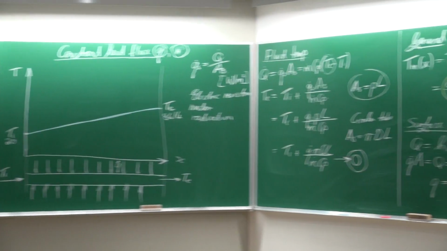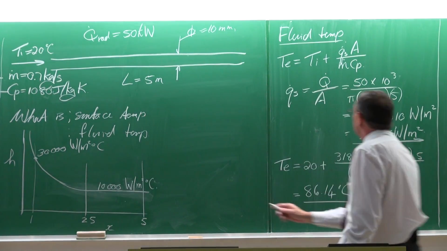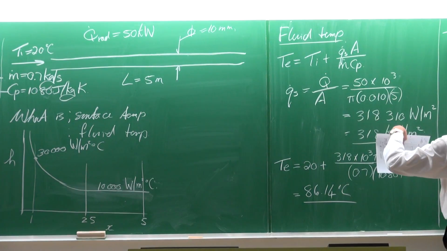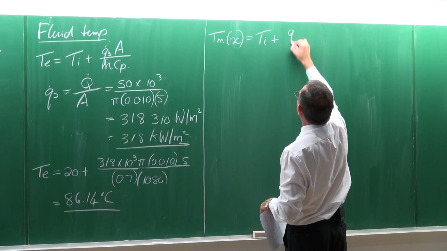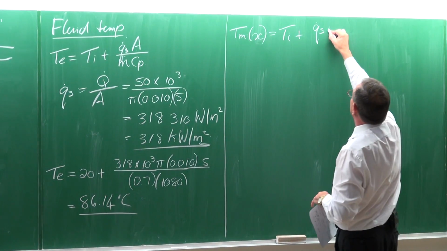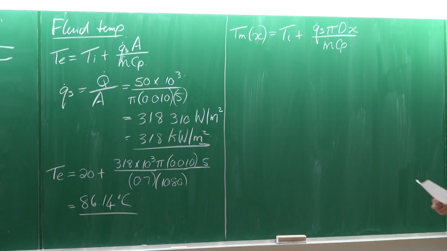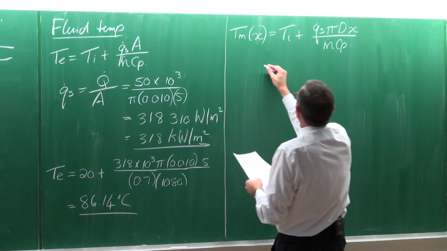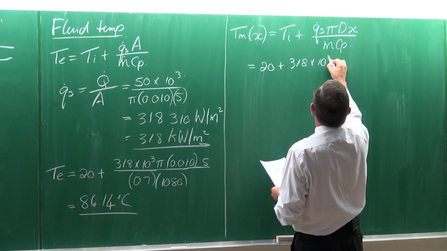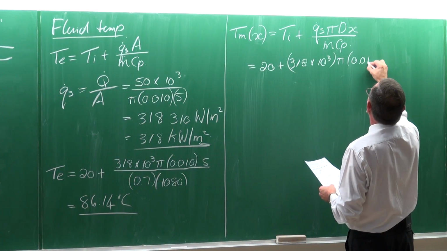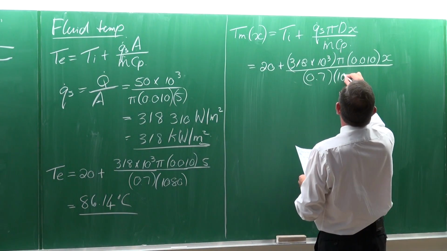Okay. But taking a look at that formula, we would actually also like to have the fluid temperature at 2.5 meters and at 1 meter. So in general, we can write the fluid temperature at any point x as Ti plus the heat flux multiplied by the surface area, which is pi dx, divided by the mass flow rate and Cp. If we do the substitution, it is equal to 20 plus 318 kilowatts multiplied by pi, 0.010 multiplied by x, divided by the mass flow rate, which is 0.7, and Cp, which is 1080.